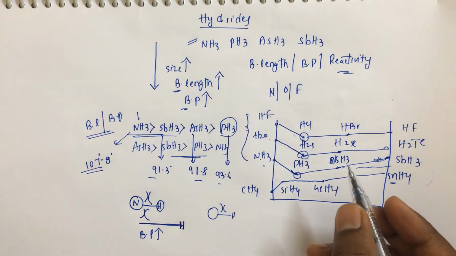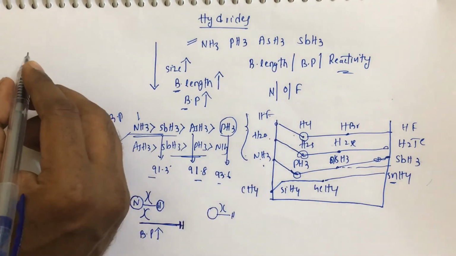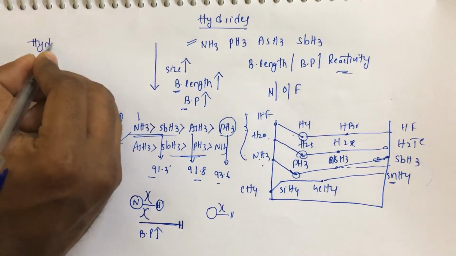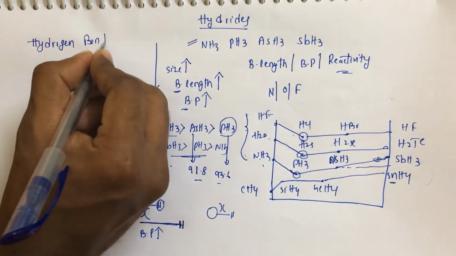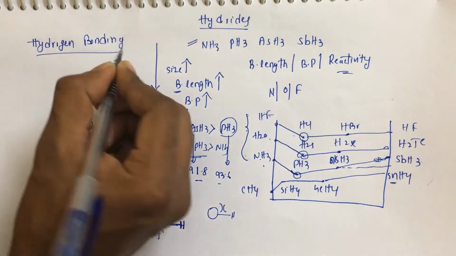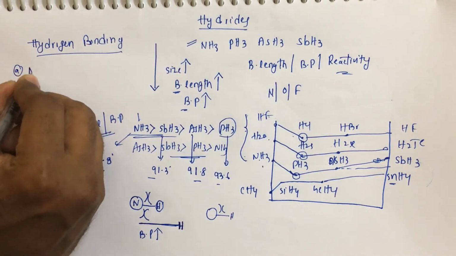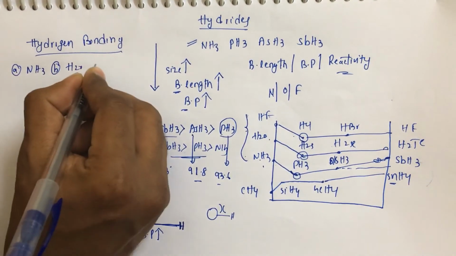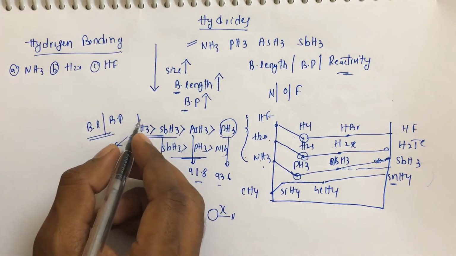And next, here we can also talk about hydrogen bonding. So here we can frame a question: A is NH3, B is water, C is HF. These are the three compounds we have.